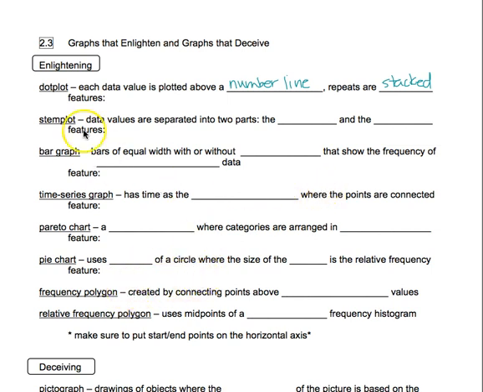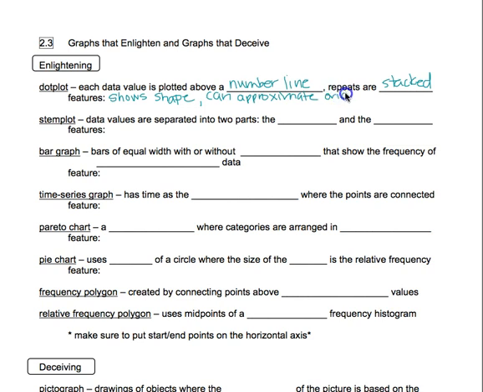Features of a dot plot that are helpful is it shows the shape of the distribution, because obviously with the stacking, it's kind of like having bars, you can see which ones have the most. The other thing that's nice about a dot plot is that we can work backward and approximate the original data.